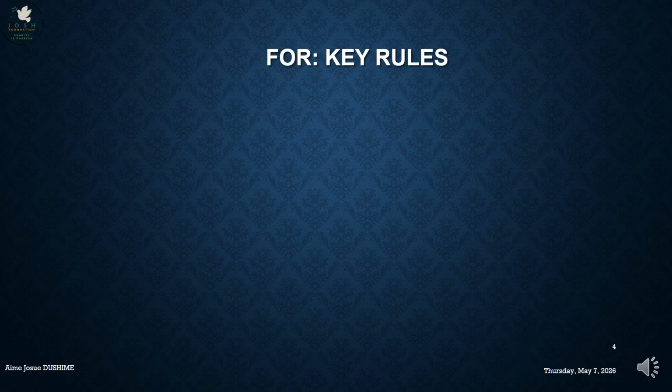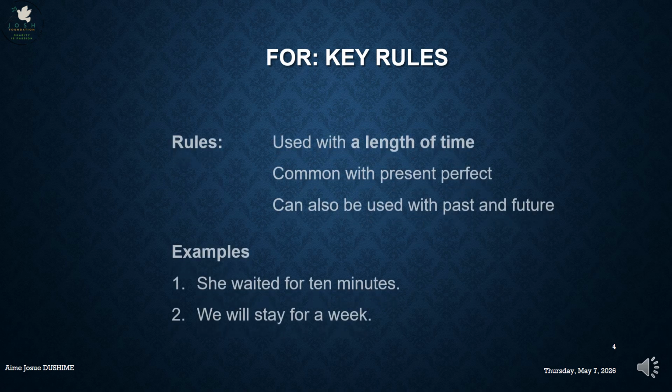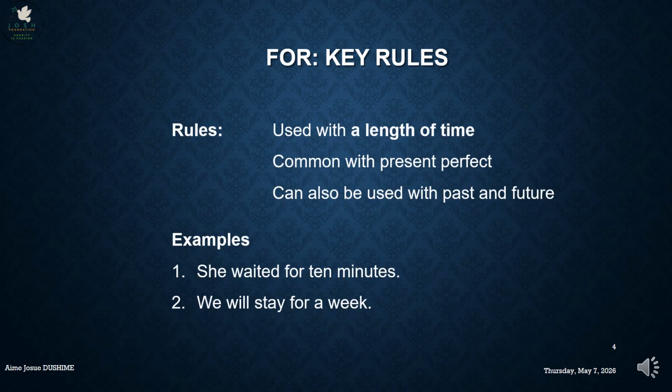Let's see the key rules of using for. Rule number 1. For is used with a length of time. When you use for, it should be a specific length of time, exactly the length of the time. And we like to use it commonly in present perfect tense.